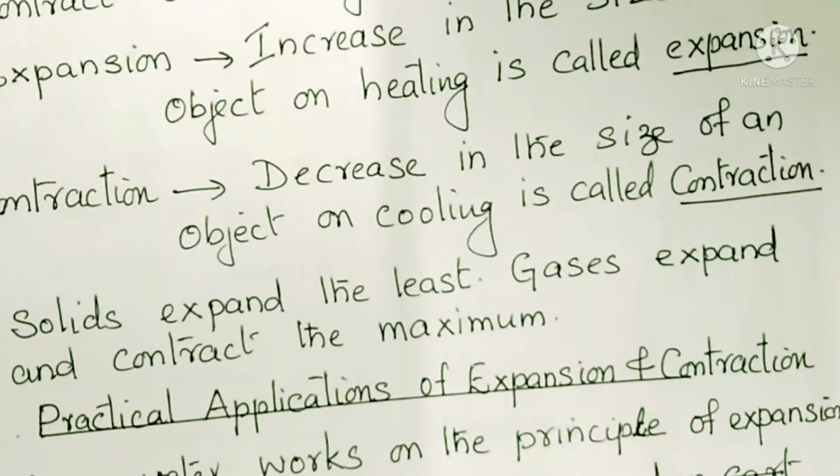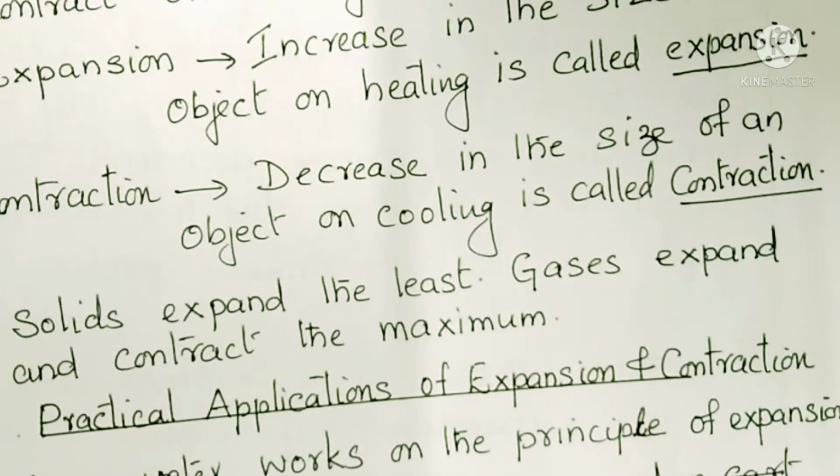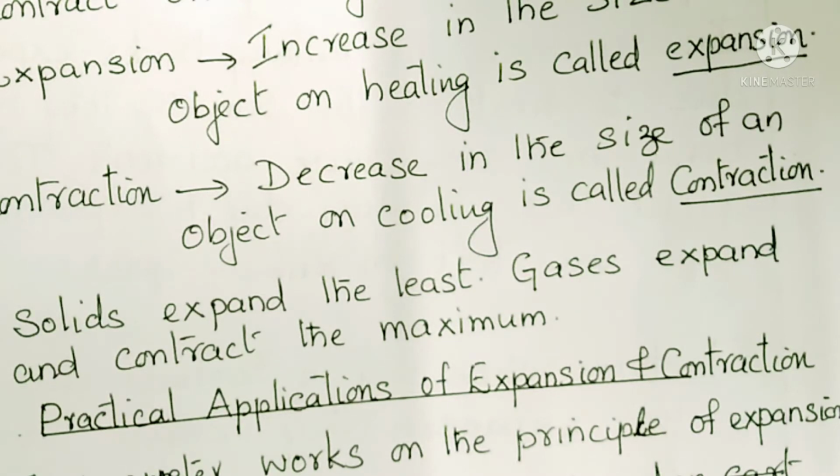Now, if you take solids, liquids and gases, solids expand the least, meaning very little expansion takes place in solids. Liquids will expand more than solids, and gases expand and contract the most, and solids the least.